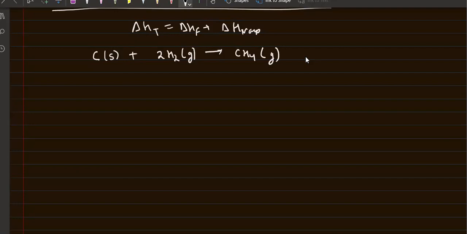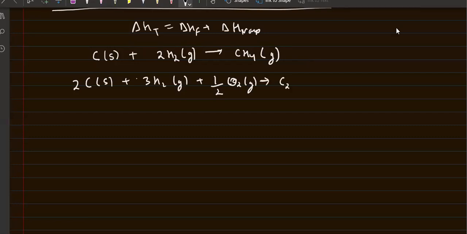In the same way, I can form another reaction: 2C plus 3H2 gas plus half O2 gas. What will we get? C2H5OH.